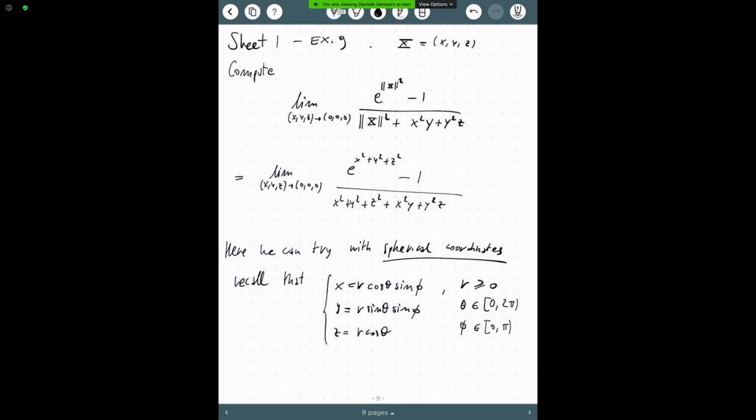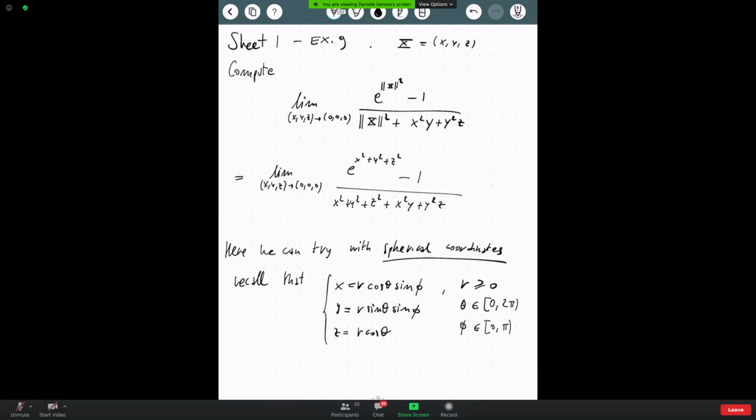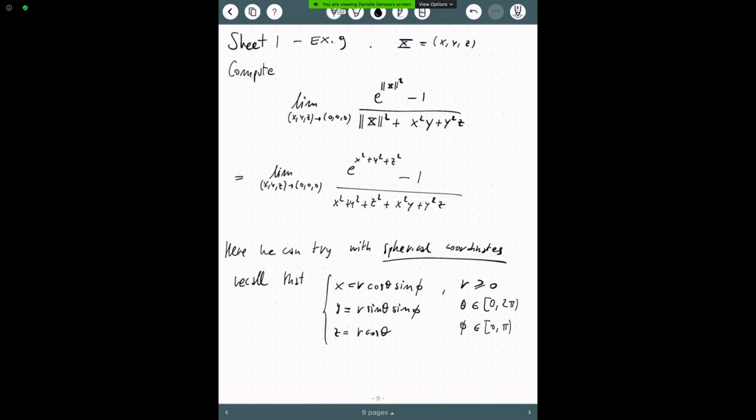And why do we want to use them? Because of course, you know that we have nice properties, right? So this limit, I can rewrite.